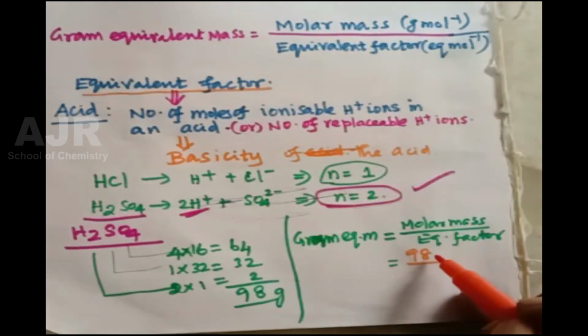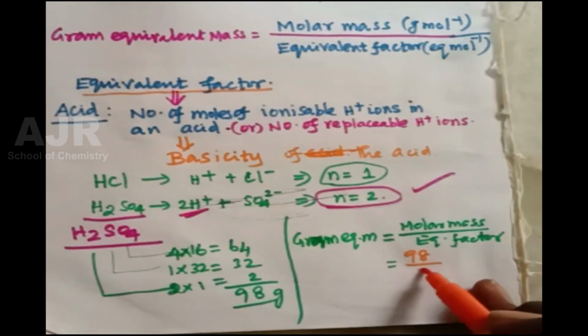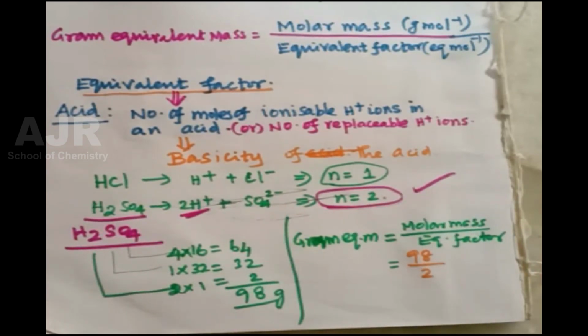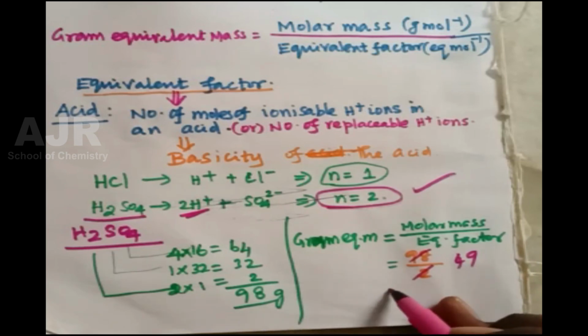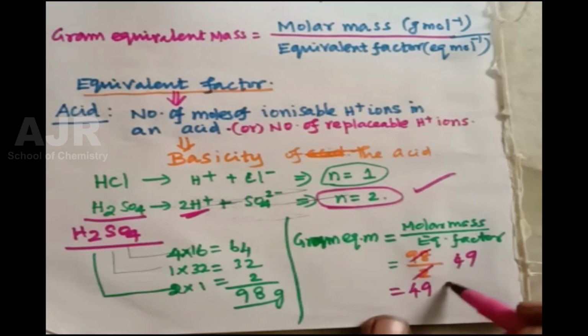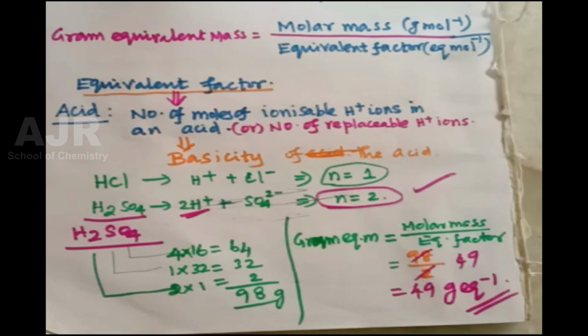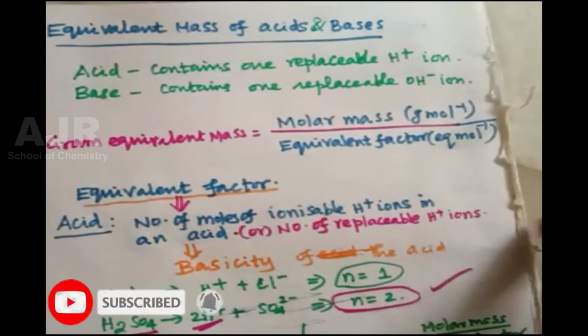Molar mass is 98 and equivalent factor is 2. If you strike this out, how much will you get? 49. So the gram equivalent mass of sulfuric acid is 49 gram equivalent inverse. The equivalent mass is 49. Understood?